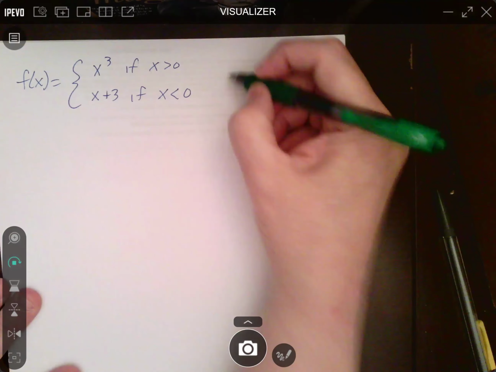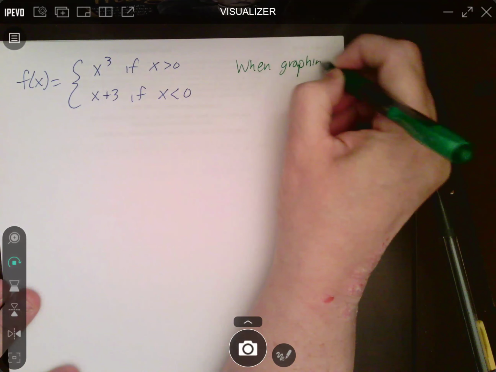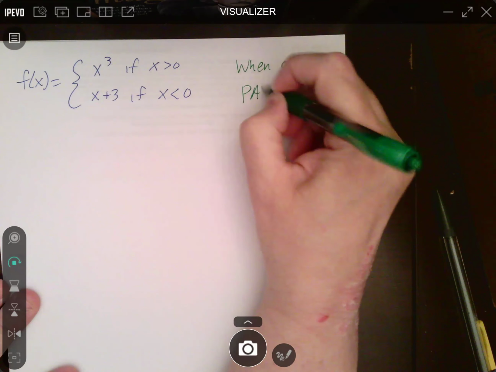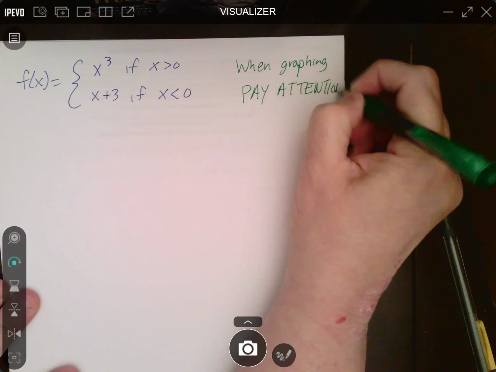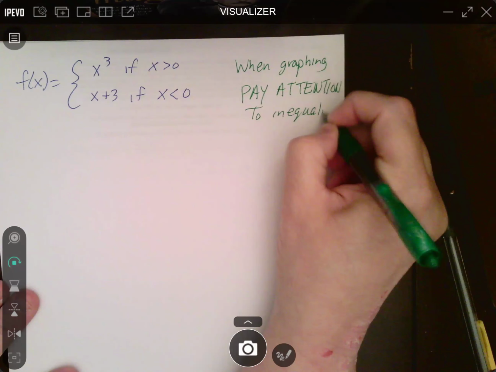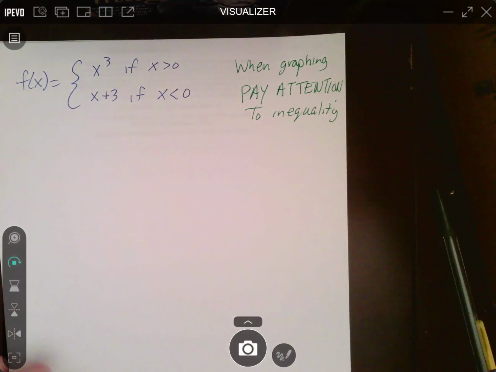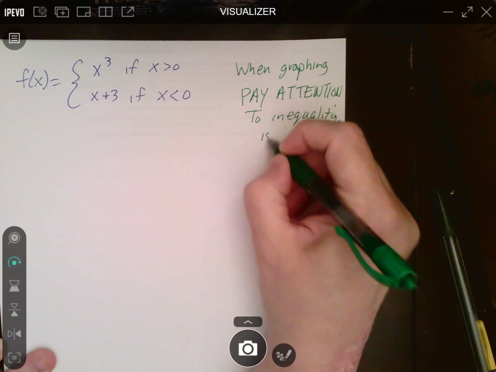When graphing these, you have to pay attention to the inequality sign. And not just the direction, whether or not there is an equal part.